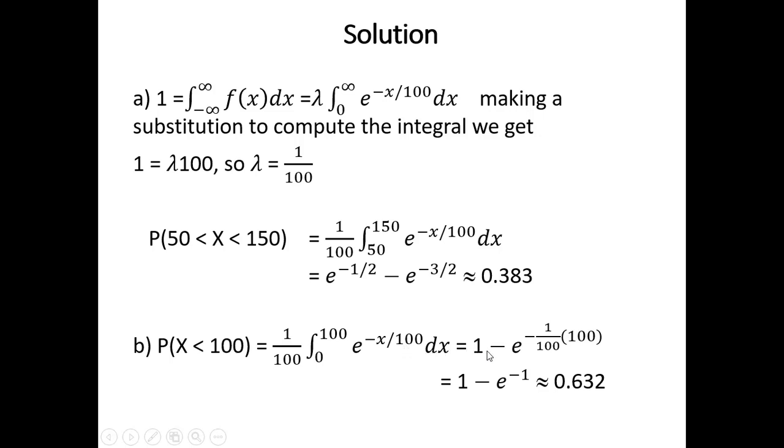So this is equal to 1 minus e to the minus 1 over 100 times 100, or this would just be 100 over 100. So this exponent simplifies to minus 1. We get 1 minus e to the negative 1, which is approximately 0.632.